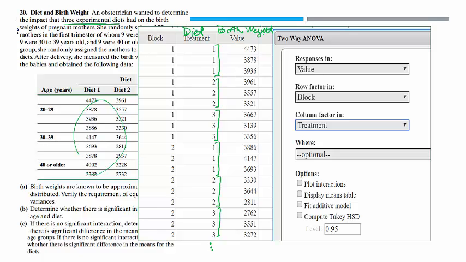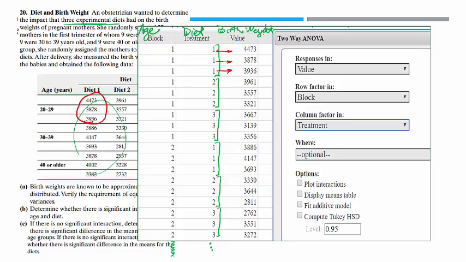And then the blocks, they're using the language of experimental design here. The blocks are the 3 different age groups. They tested the diets across every age group. And now notice here they're using 1 and 2, and then eventually this data goes into 3 because there are 3 different age groups. So how do I know which is which? I have to just be careful here and check it against my data. So notice in treatment 1, so diet 1, I've got the numbers 4473, 3878, and 3936. Where do I see that?